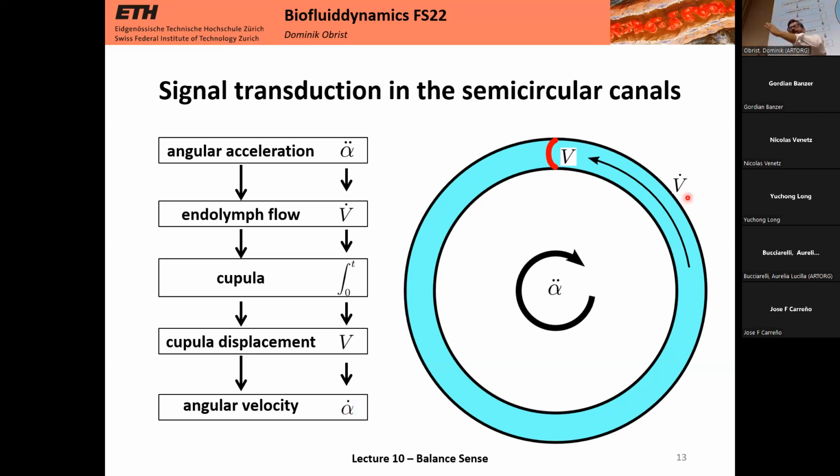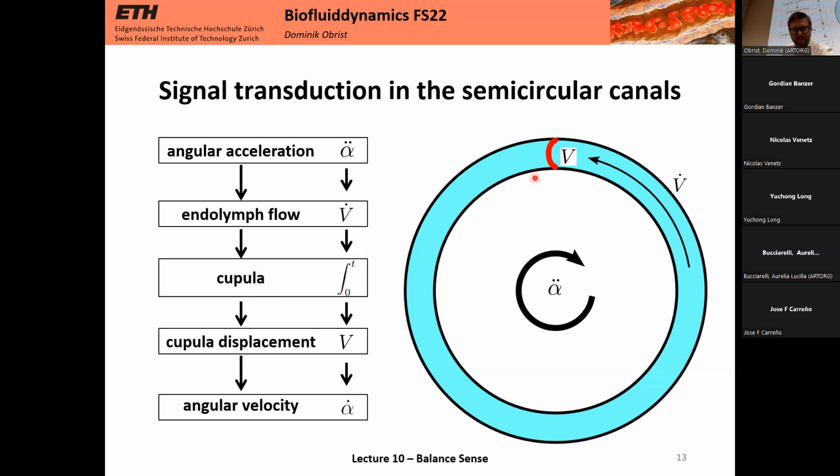Whatever velocity you have, let's say 1 micrometer per second fluid flow velocity, and you flow for 10 seconds, you get a displacement of 10 micrometers, okay? And if you have a deceleration, the fluid flow goes in the opposite direction, and the cupola will move back, but according to the integral over time of the fluid flow.